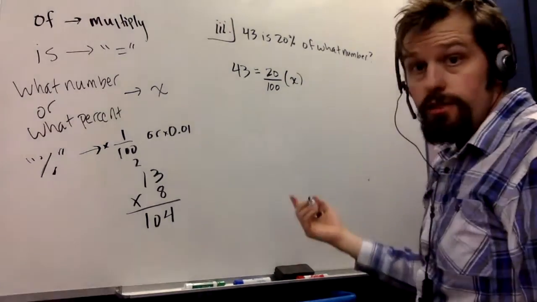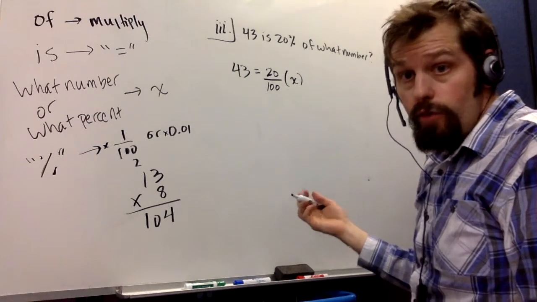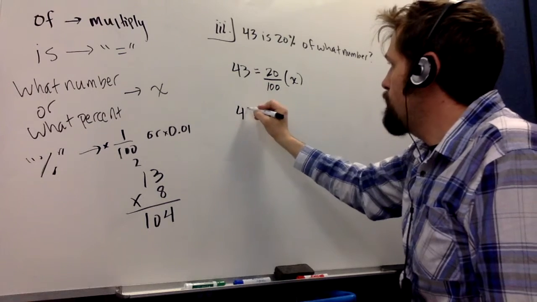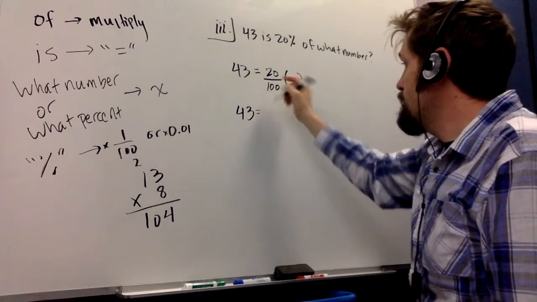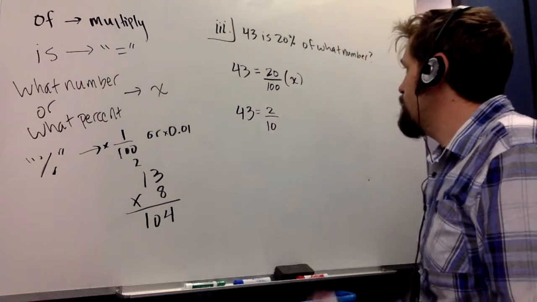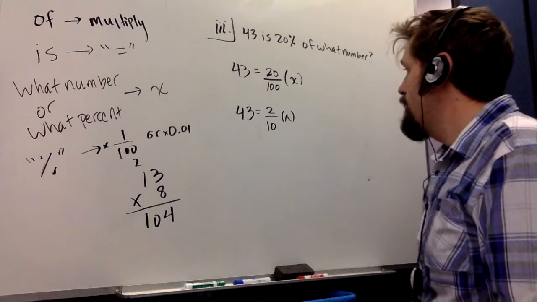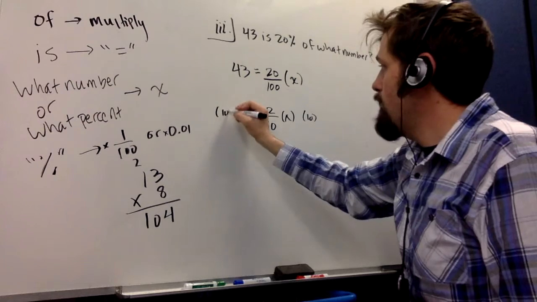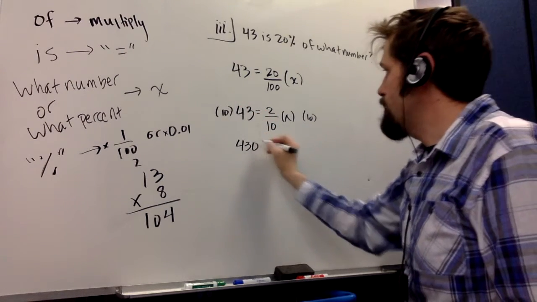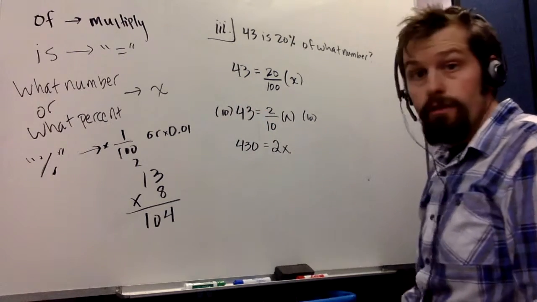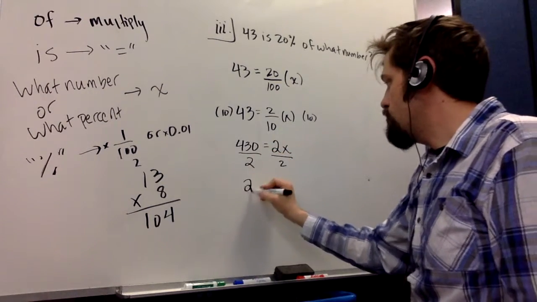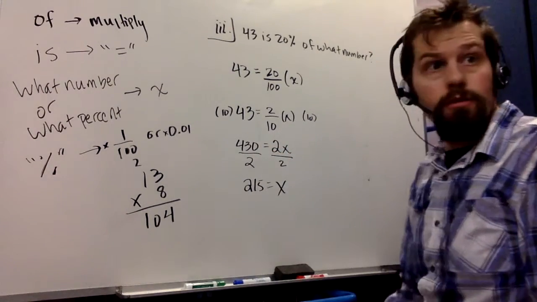Now, to find x, we have to actually do a little bit of algebra. But instead of multiplying, let's start by simplifying this fraction. This is 2/10 times x. Now, I know if I multiply both sides by 10, I get 430 is 2 x's. And then I can divide by 2, and I get 215 equals x.